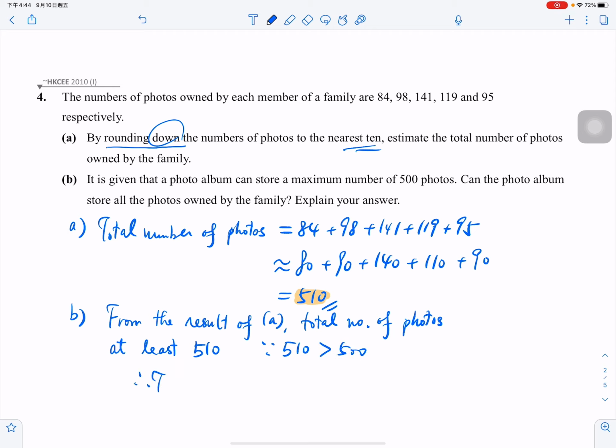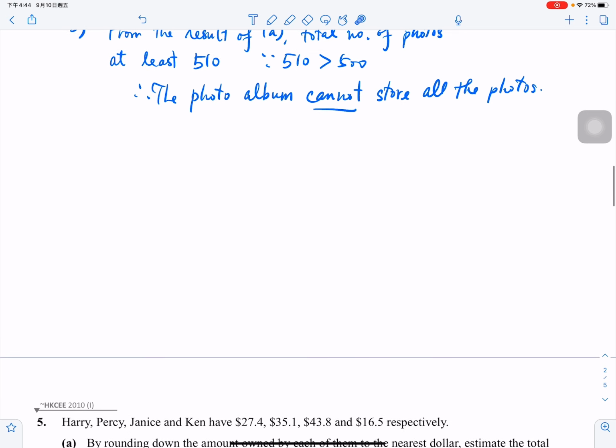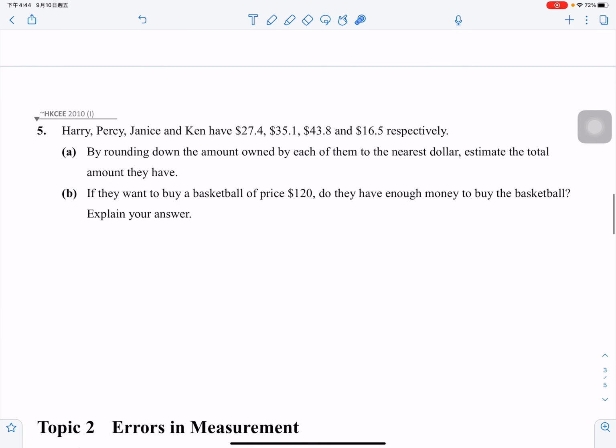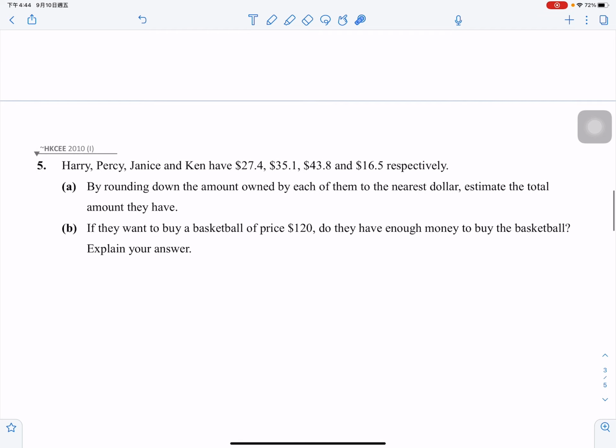That means the photo album cannot store all the photos. Not difficult to check, because part A rounded down for you already. Understand? So question 5, I think you can try by yourself, to see that you understand these topics.